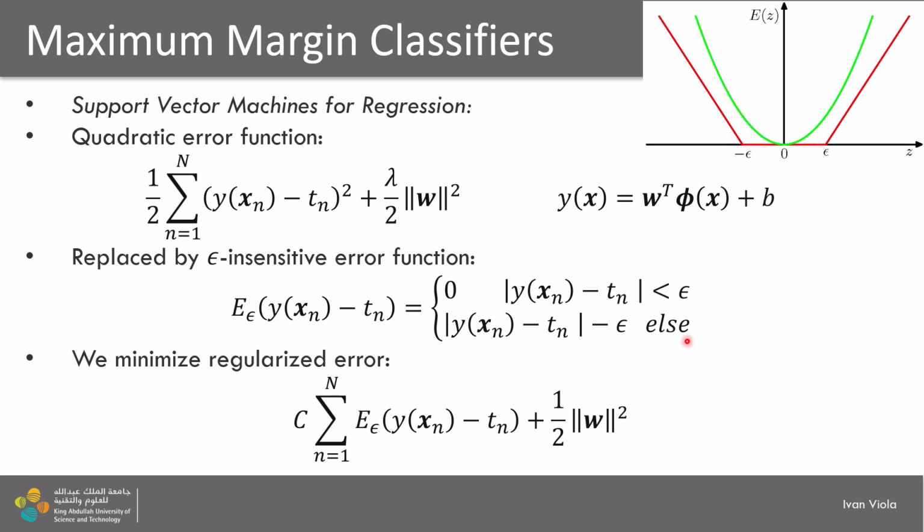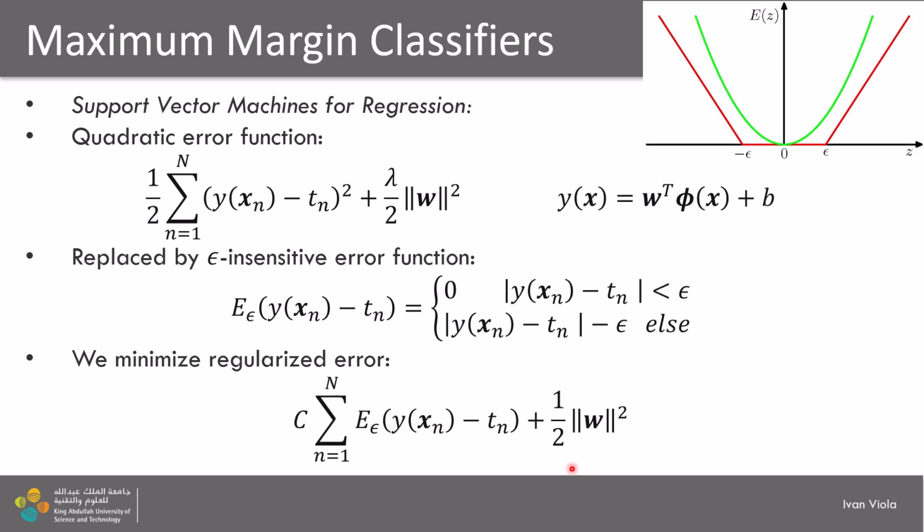So this is the epsilon insensitive error function, and we define an error where we perform the regularization similarly to before, and we also want to minimize the weights as we have been doing in the context of the SVM. Because we have this concept of margin, we were minimizing the square of the weights, which was before in the denominator, maximizing the inverse of the weight's length.